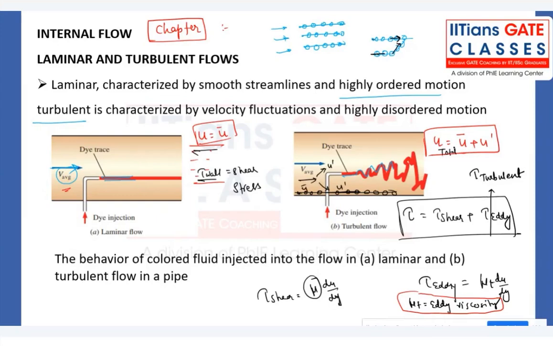So don't think that in turbulent flow some wake region is forming and because of the wake region eddy formation is there, and that we call eddy viscosity or eddy shear stress. Not like that. Here the meaning of eddy shear stress or turbulent shear stress is just denoting the fluctuating component. We also represent this. Make a note of it.